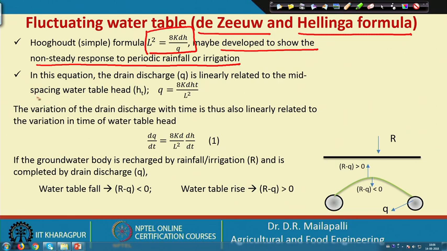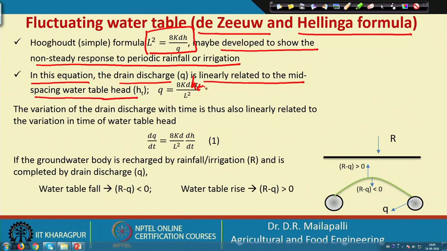So, you will be using the simple Hooghoudt formula in the following steps to determine the fluctuating water table situation. In this equation the drain discharge Q is linearly related to the mid-spacing water table head h t. So, if you see here, Q is equal to 8 k d h t by L square. Okay. This is from your Hooghoudt equation. So, h t is h with a small t. Okay.